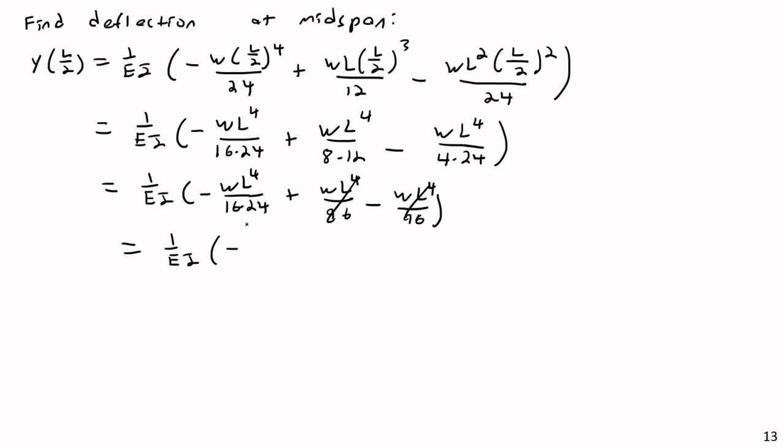What does 16 times 24 come to? Well, if I throw that into my calculator, lo and behold, I get 384. And so I get a final value of Y max equal to negative WL to the fourth over 384 EI.